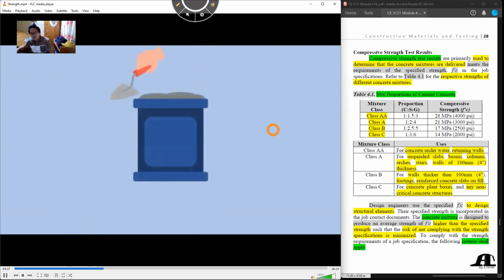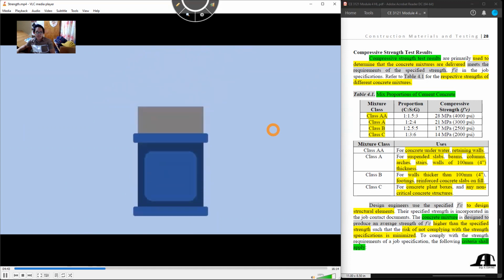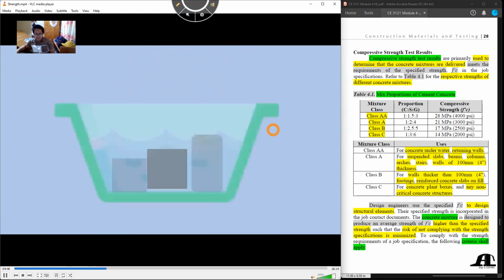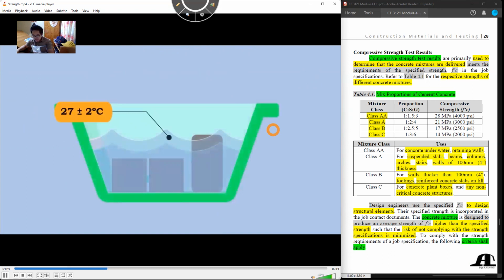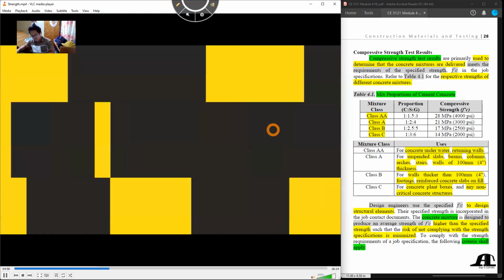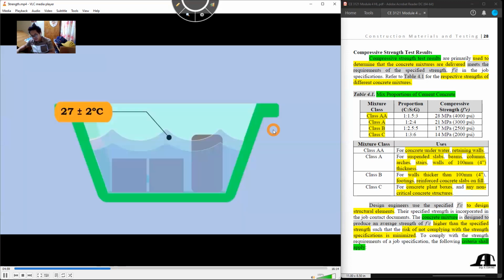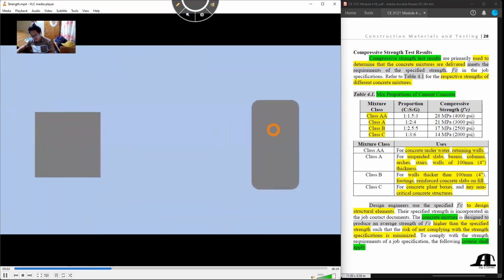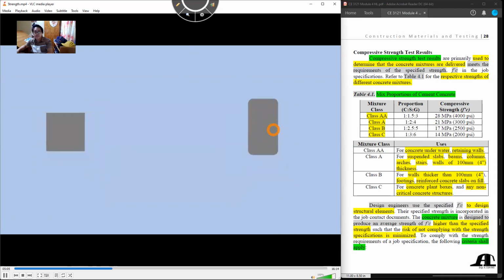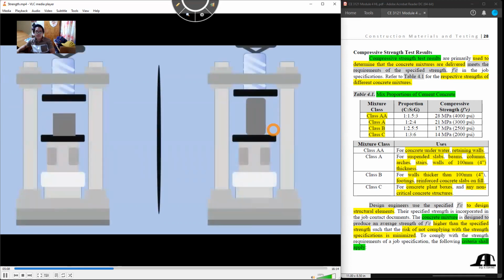Once the mold is filled, level of the top surface with a trowel. After a day, the mold is removed and the specimens are dropped into the curing tank at a standard temperature of 27 plus or minus 2 degrees Celsius. After 7 days, the specimen is taken out of curing tank and dried for a while. Then, the specimen is placed on the compression testing machine. The cube specimen is just placed on the bearing plate, while for cylindrical specimen, it is placed vertically.